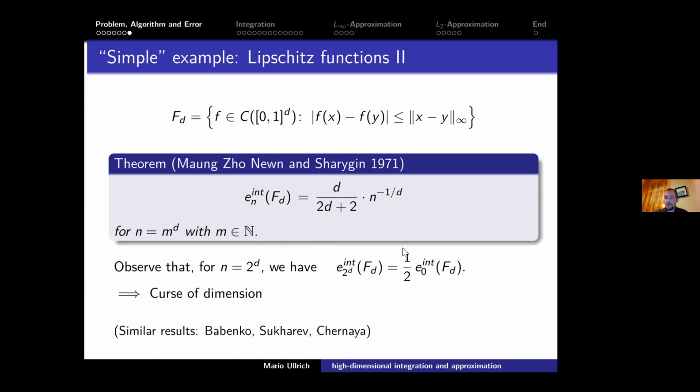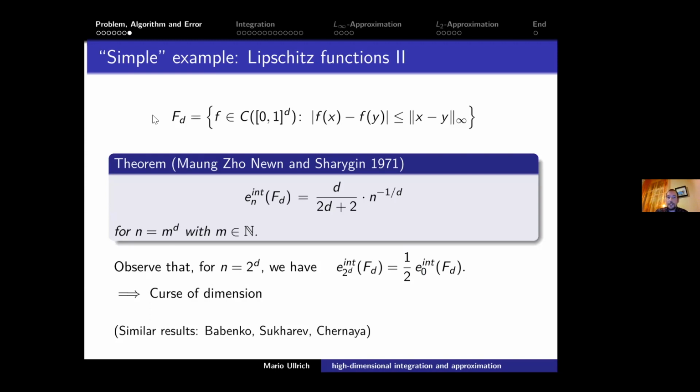Sorry, here must be a 1. The sense is you can improve the error only by a factor of 1/2 by using 2 to the d function evaluations. And this is what we call the curse of dimension. This means this class is for any practical meaning just useless.